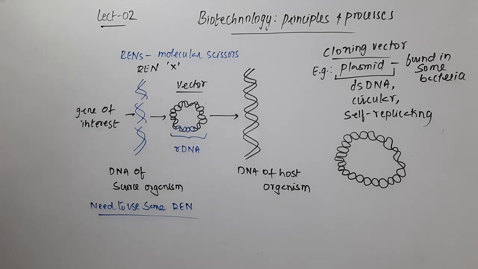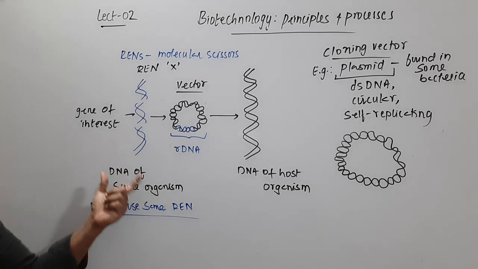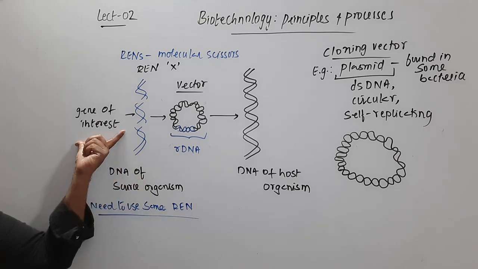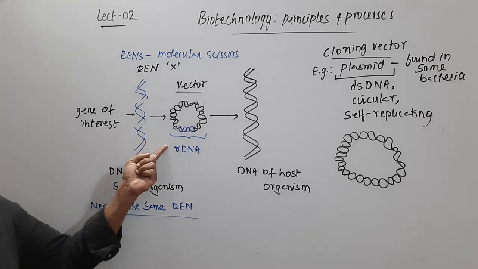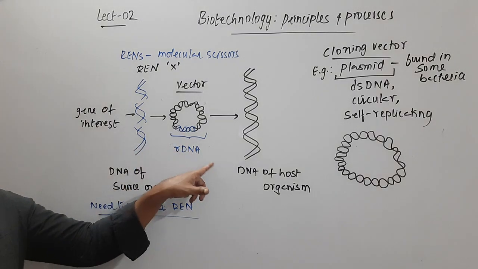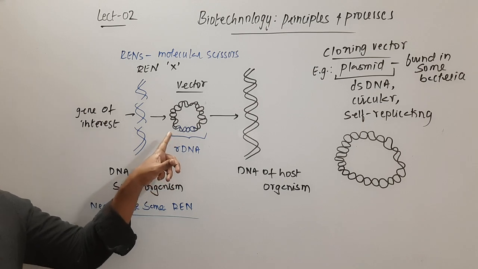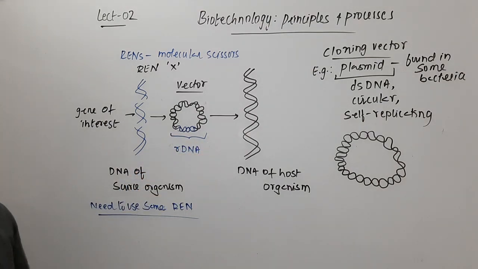So that's how we use restriction endonucleases to cut the DNA of the source organism and select that gene of interest, link it with a vector, and use this vector to deliver that piece of gene into the DNA of the host organism.